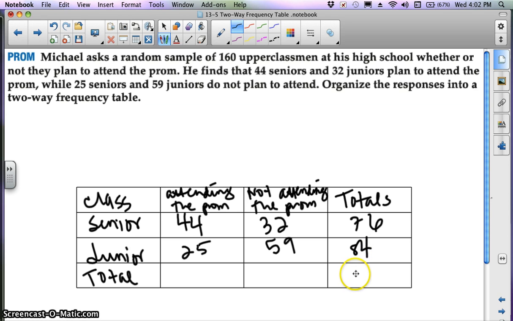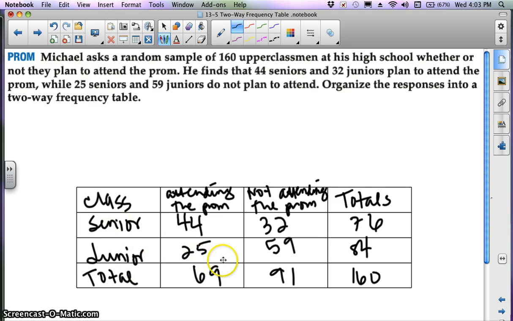So our totals, if we go down here, we have 160, we have 91 here, and then we have 69 here. All right, so this would be our two-way frequency table.